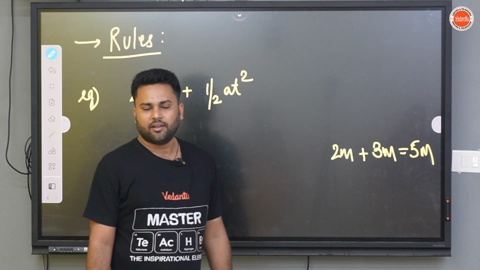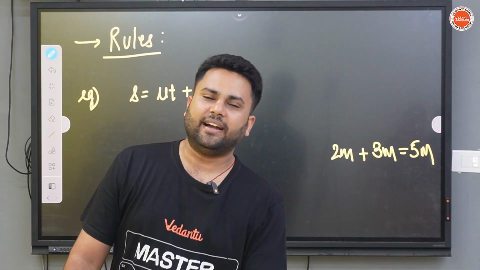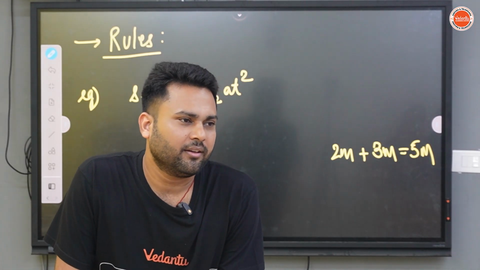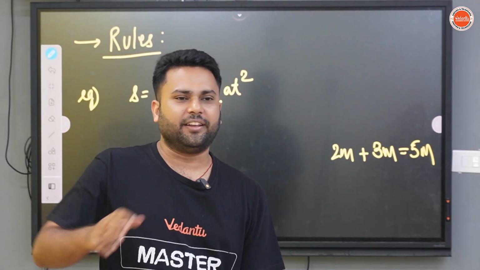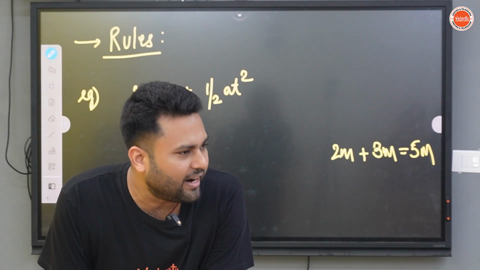Correct? But if I ask you to add 2 meter and 3 meter square, you will say, sir, how can we add? Because one is meter and one is meter square. Meter square is area and meter is length, so we can't add.